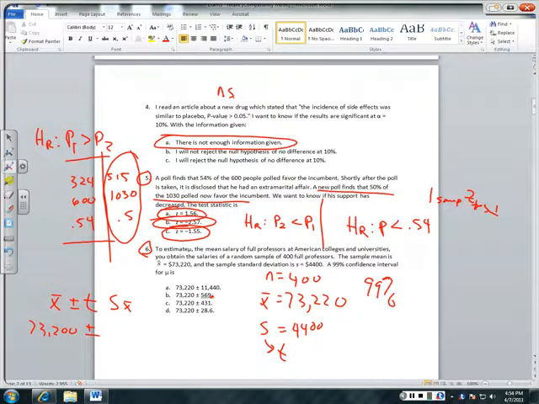Well, actually, with N equal to 400, you're going to have to go down to the bottom of the table and use the 2.576, because our degrees of freedom don't go further than that. So when we get beyond 100 degrees of freedom, we'll just use the value at the bottom, the same as the Z, times 4,400 divided by the square root of 400.